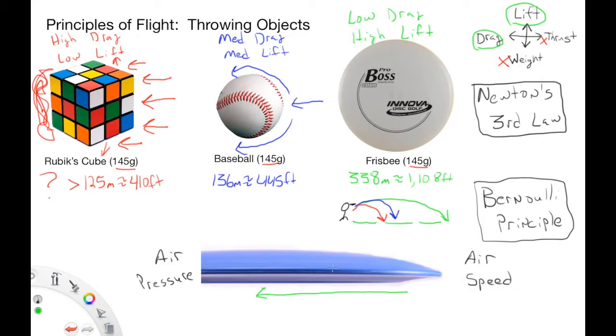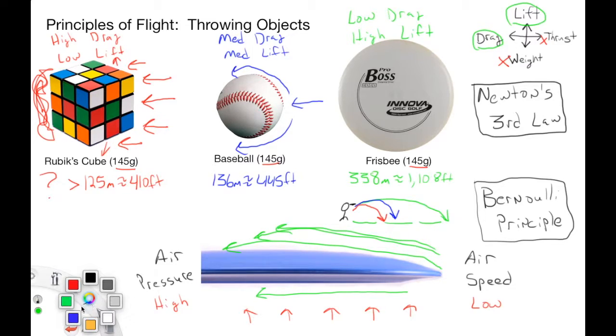Underneath, there is a very, very low airspeed. That low airspeed creates a high amount of air pressure, and that is what causes the lift and keeps the Frisbee aloft. Conversely, the top of the Frisbee is curved, so the air traveling across is going much, much faster.